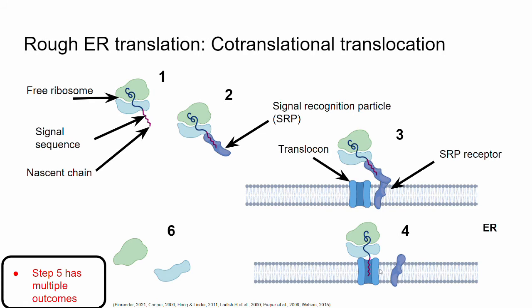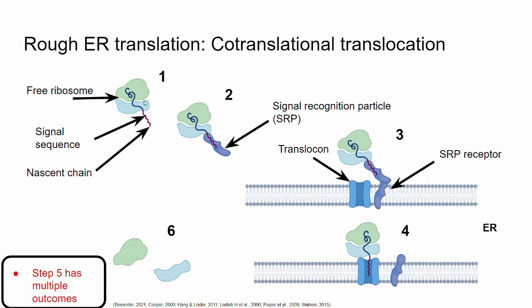That's what a translocon is. When the whole process is finished, the translocon will move, basically. This is step 3 and 4. Step number 5, as I said, has multiple outcomes we will talk about in a few seconds. And step 6 is when the ribosome leaves after translation.